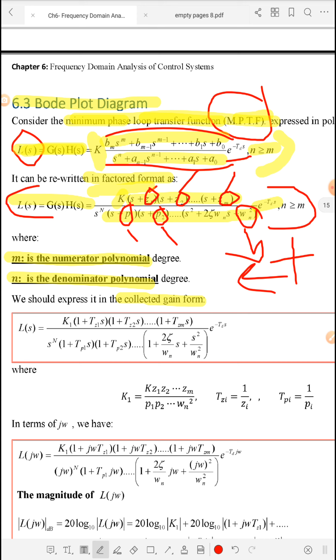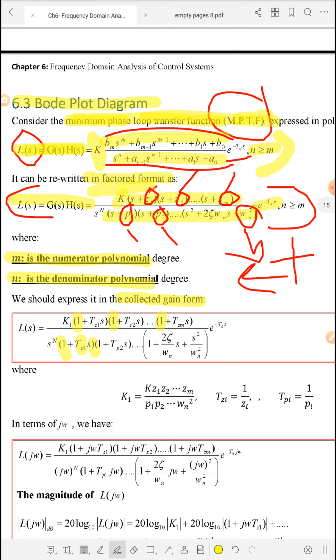If we take all of these out, in the numerator each term consists of 1 plus something multiplied by s, and these somethings are tz1, tz2 till tzm. In the denominator, same thing. For real roots, we will have 1 plus something multiplied by s, and this something is tp1, tp2 till the last term.